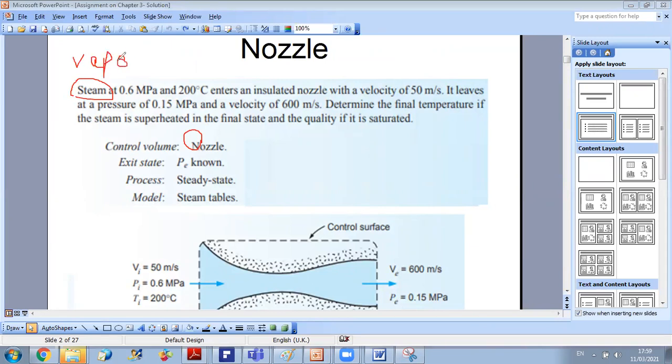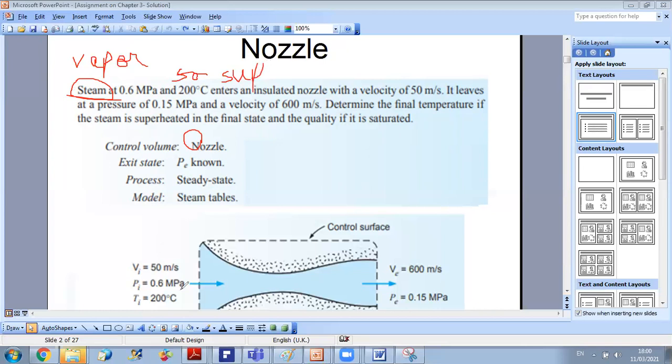I will not look at saturated tables, because saturated tables will include a mixture of phases. So I should look at other tables, which are tables of steam. These tables are called superheated tables. So I will search for superheated tables, and in these tables I will put my inputs.